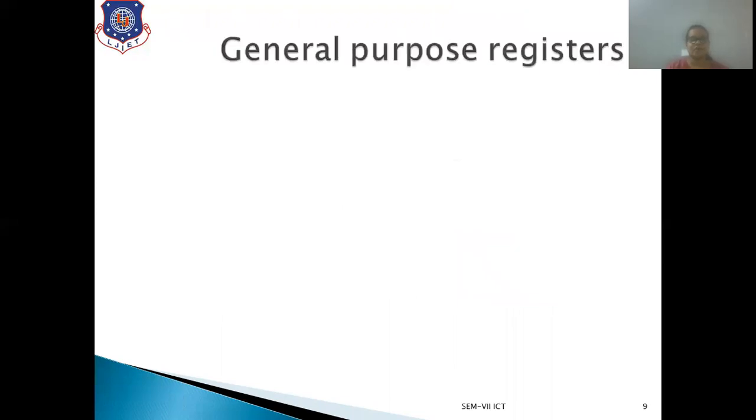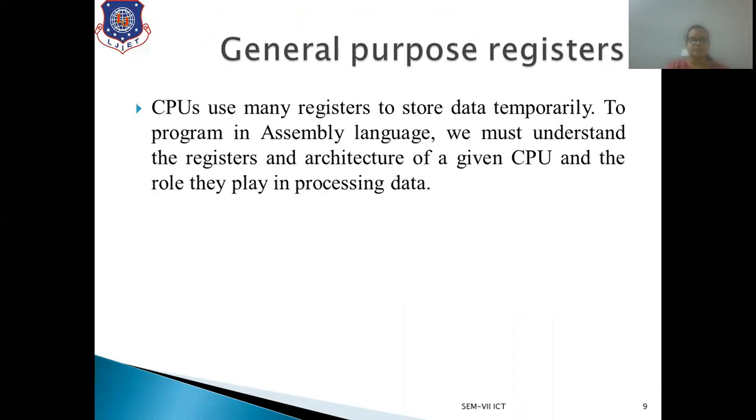Then discussing about the general purpose register. So what does the general purpose register of AVR consist of? CPU uses many registers to store data temporarily. To program in assembly language, we must understand the register and architecture of a given CPU and the role they are playing in processing data.